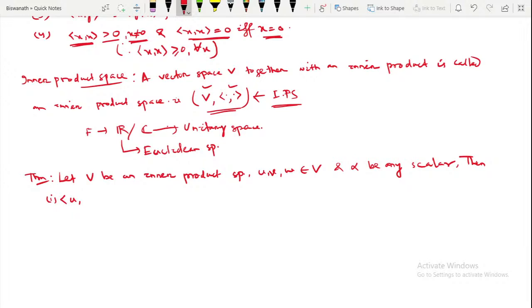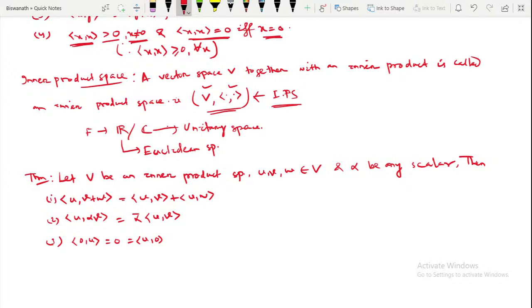First, the inner product of u, v plus w is equal to the inner product of u, v plus the inner product of u, w. Second, the inner product of u, alpha v is equal to alpha bar times the inner product of u, v. And third, the inner product of 0, u is equal to 0, which is equal to the inner product of u, 0.